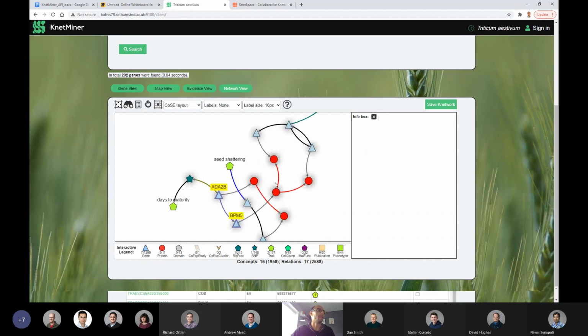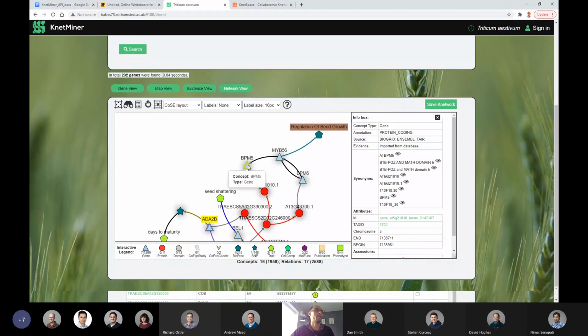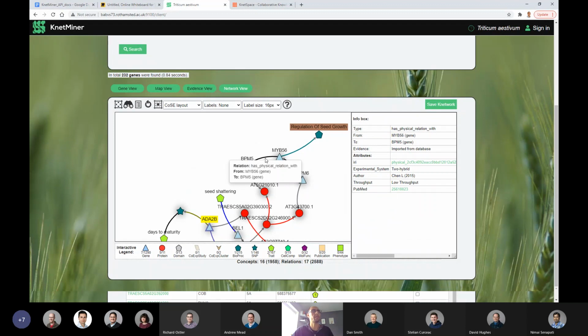So you have a link that goes from the wheat gene to... let's add labels to it. It goes from wheat to Arabidopsis, a model species. The Arabidopsis gene is interacting with another gene. This is protein-protein interaction data. And the interacting partner is actually related to regulation of seed growth.